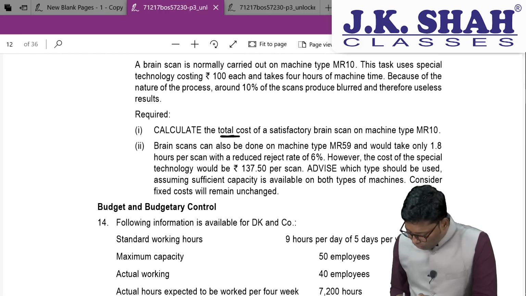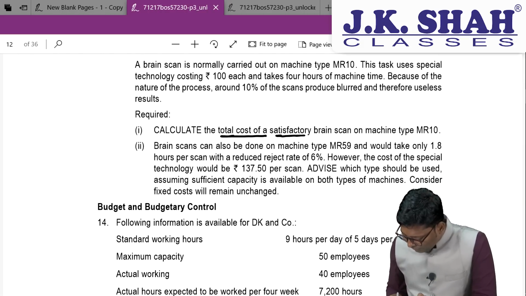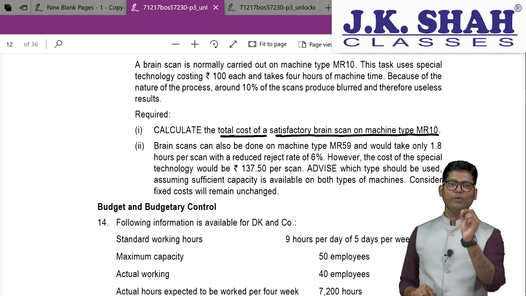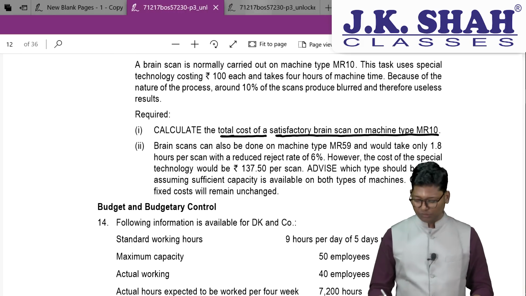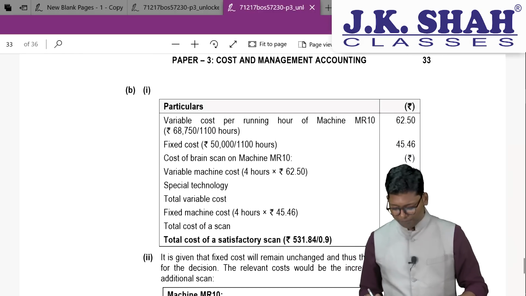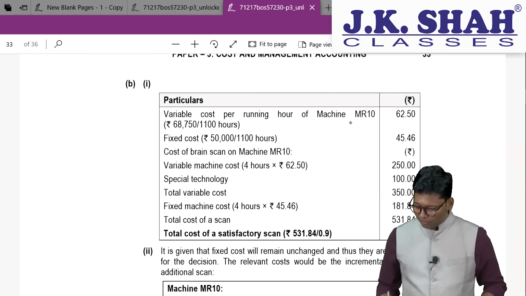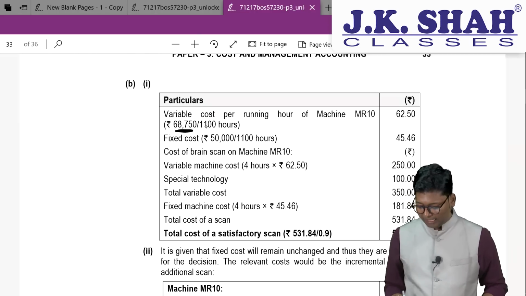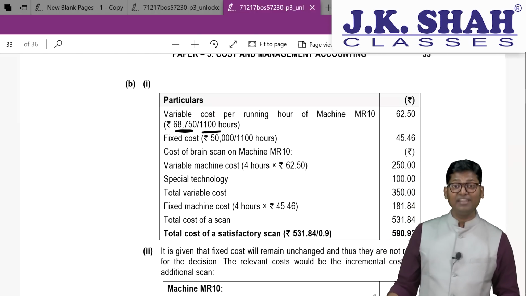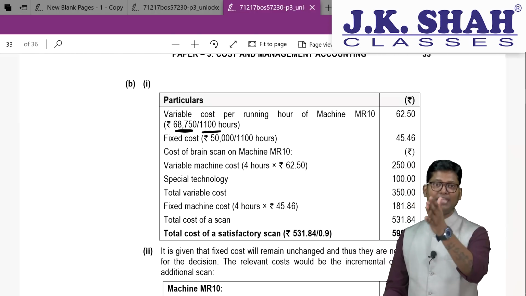Calculate the total cost of a satisfactory brain scan on machine type MR10. So the very first part of the question is asking us to calculate total cost, and for that purpose you should record all the relevant expenses. Variable cost is given in the question. Total variable cost is divided by MR10 number of hours to get the hourly cost.